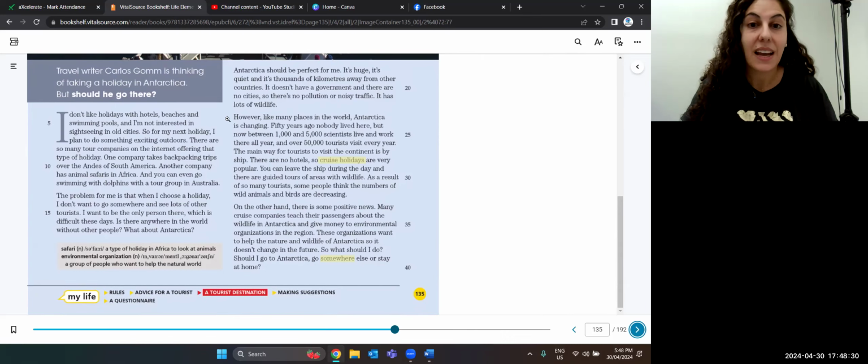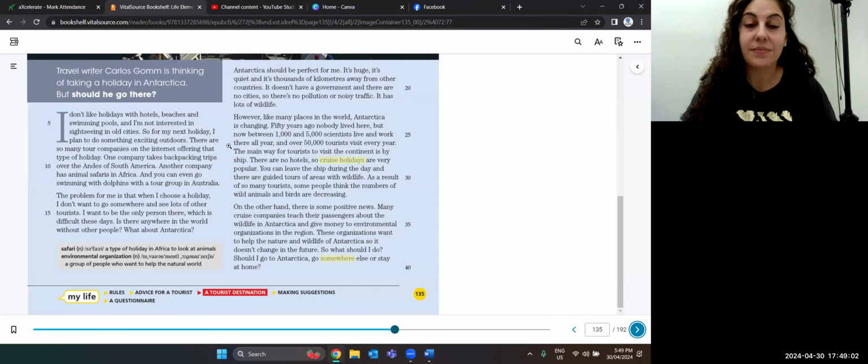However, like many places in the world, Antarctica is changing. Fifty years ago, nobody lived there. But now, between 1,000 and 5,000 scientists live and work there all year.